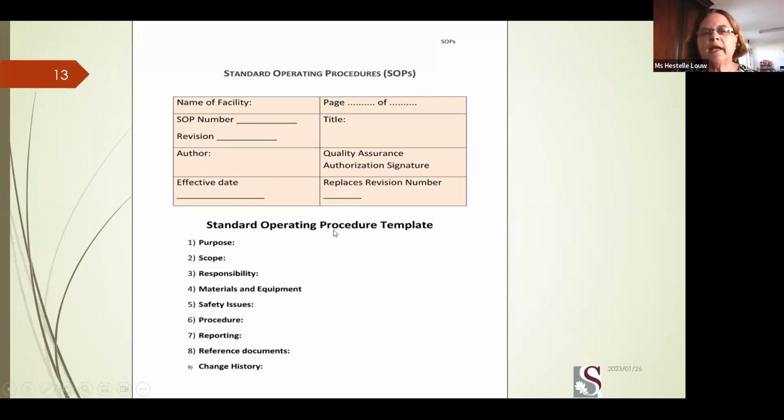What they have then in the procedure itself is the purpose again, the scope, responsibilities, who's responsible for what, materials and equipment, and then safety issues, which we mentioned earlier on as well, that they must watch out for based on that specific SOP, and then the procedure that they have to follow, and then reporting.